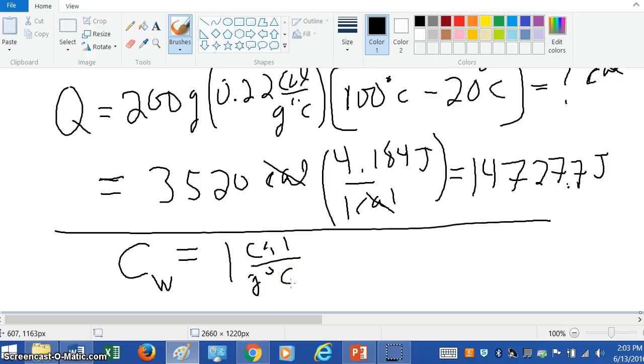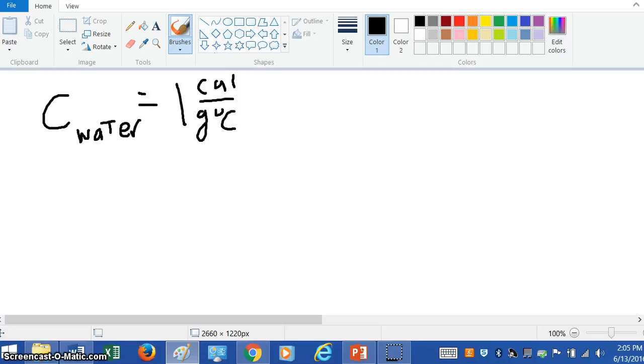And let's say, well, here, I'm going to continue this on the next screen. Alright, so this is our starting point. We know that the specific heat of liquid water is 1 calorie per gram degree Celsius. Let's say, for our example, with liquid water, we have a mass of water of 1 kilogram.